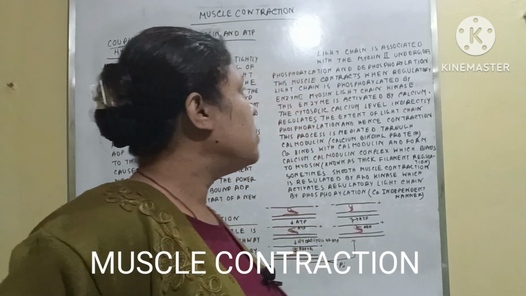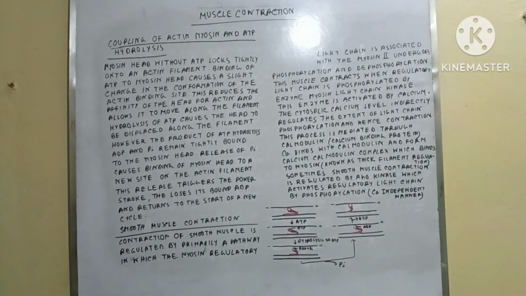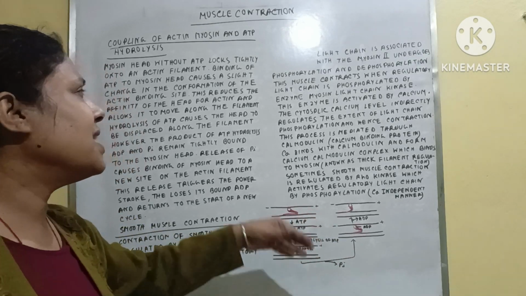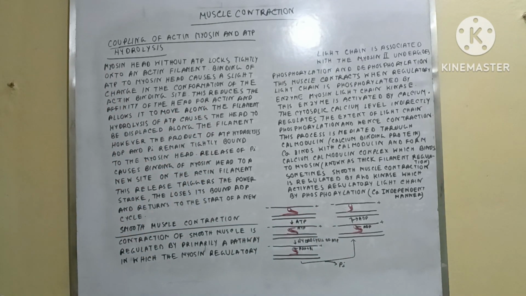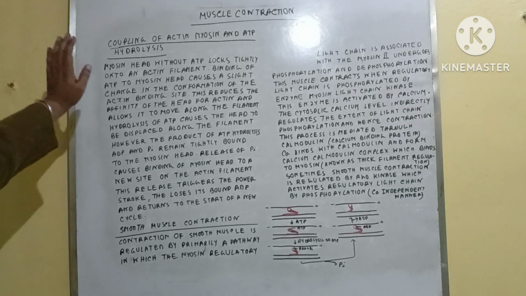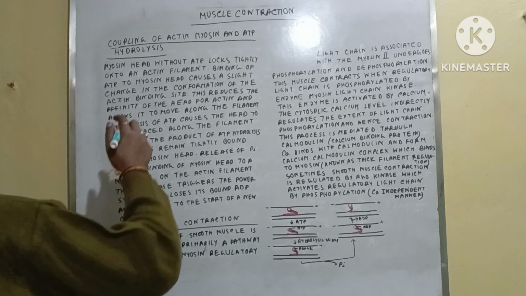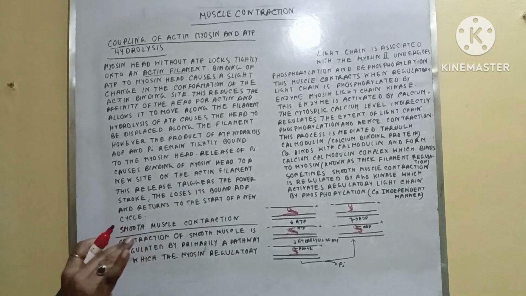Okay, so let's continue. The coupling of actin, myosin and ATP hydrolysis, and this is the rough sketch, just for the explanation of this process. What it is saying is that the myosin head without ATP locks tightly onto the actin filament.